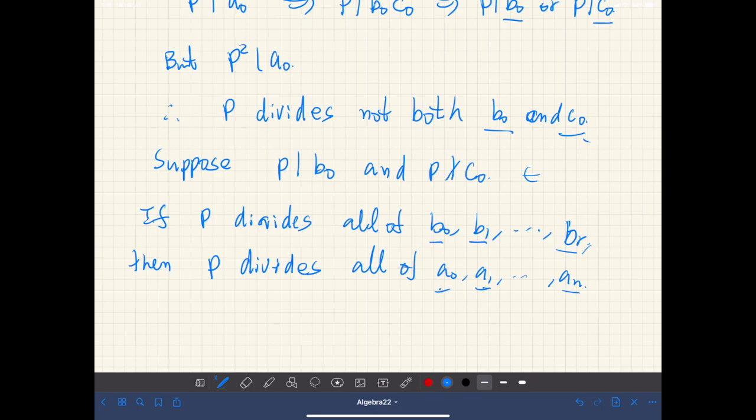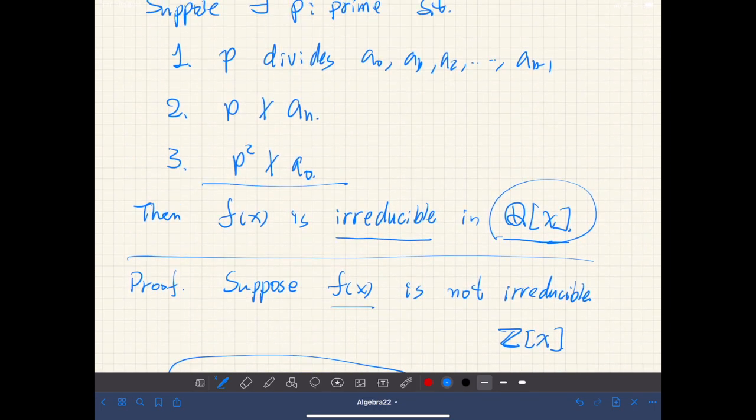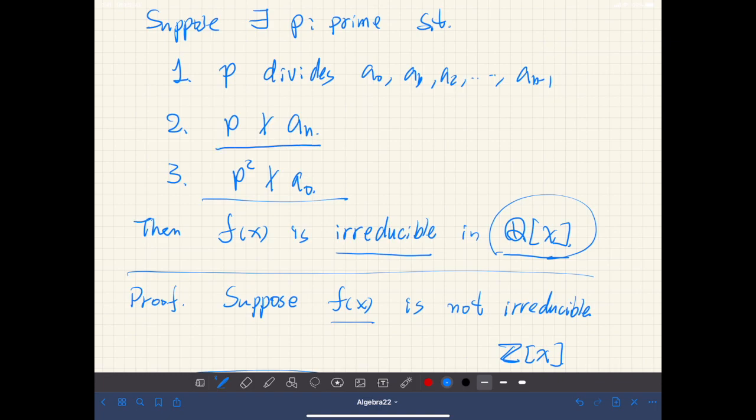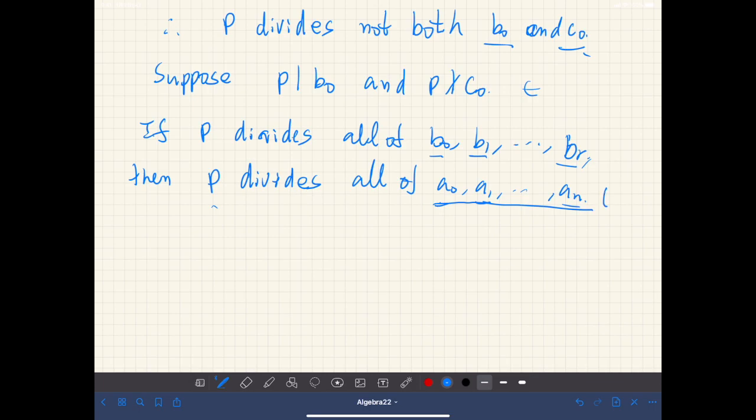So this means these coefficients of f are divisible by p. However, this is a false statement, because by assumption p does not divide an. So this is a false statement.